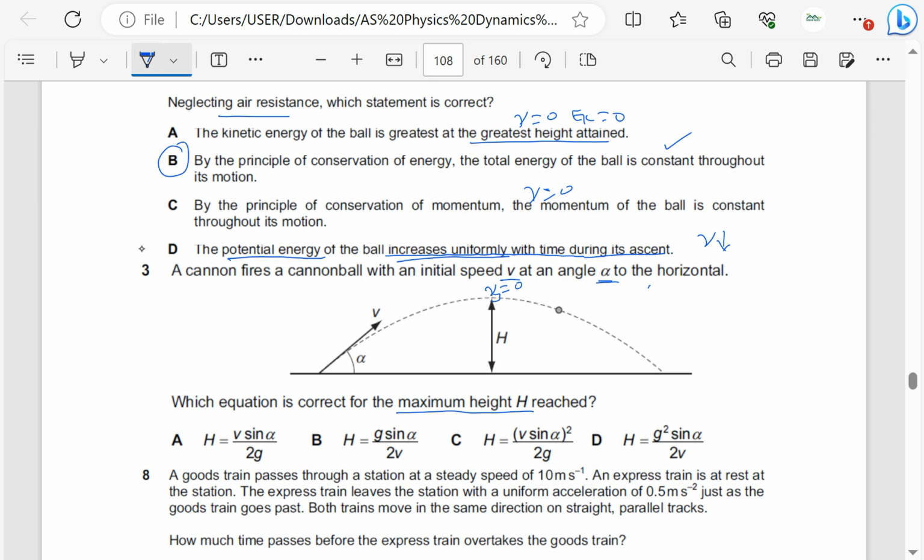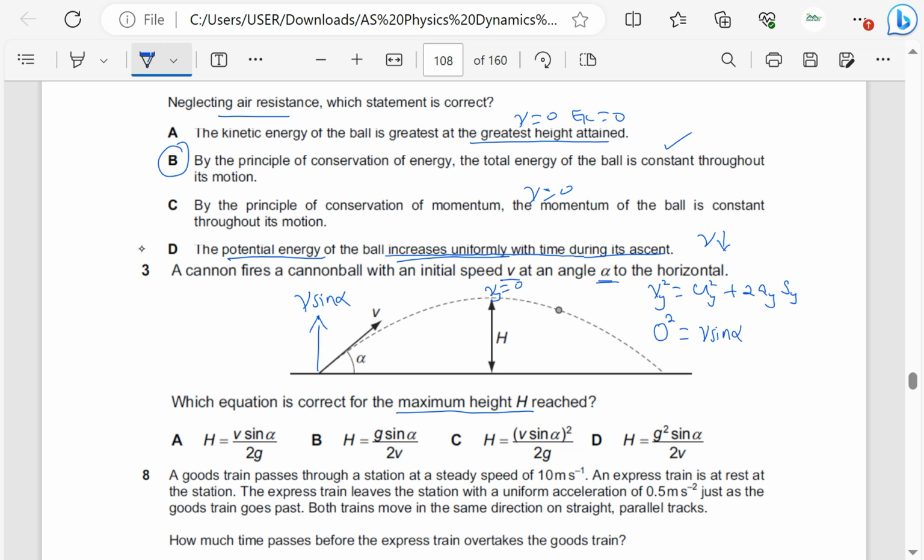So considering vertical motion, v in the vertical squared is equal to initial velocity in the vertical squared plus 2a in the vertical, s in the vertical. So final velocity in the vertical, at the highest point, is 0. Initial velocity in the vertical, we resolve this vertically upwards, and this will be v sine alpha.